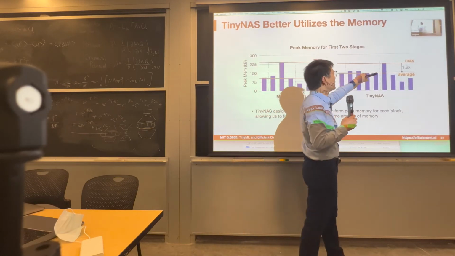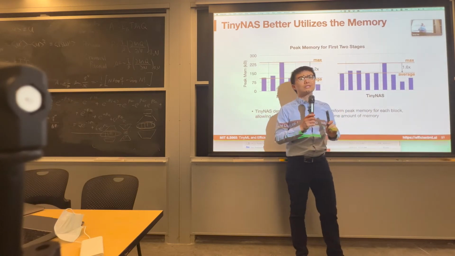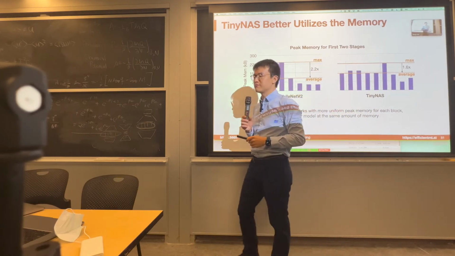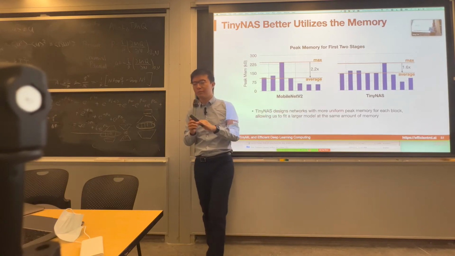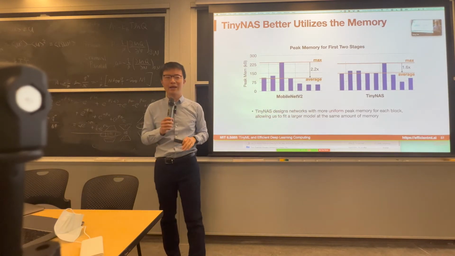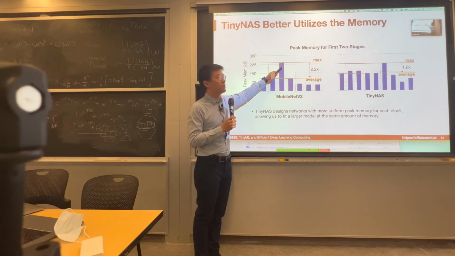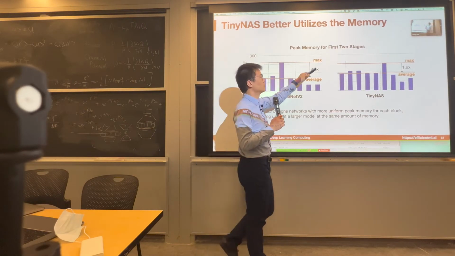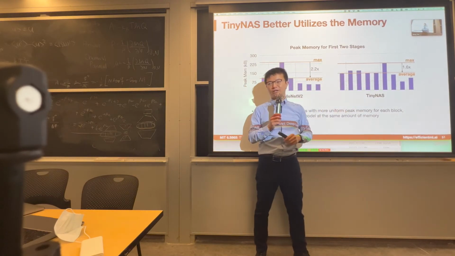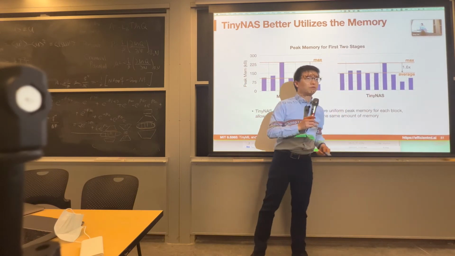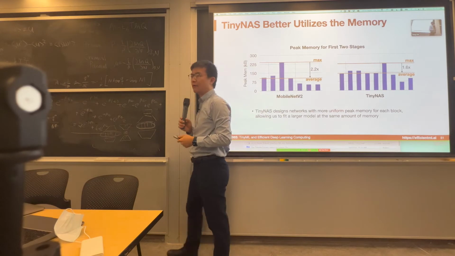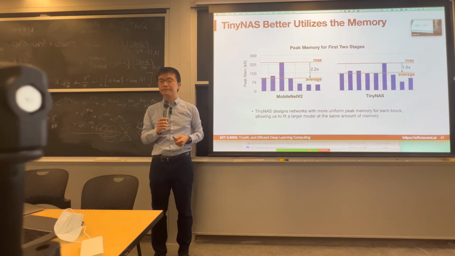But for TinyNAS, this number only differs by 1.6 times, meaning the TinyNAS designed model has better utilization, a less aggressive dominating stage than the human-designed models; this one is flatter. Then we'll talk about other techniques to even get rid of such dominating activations.